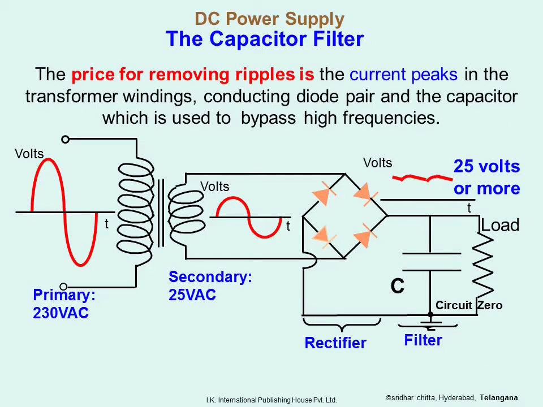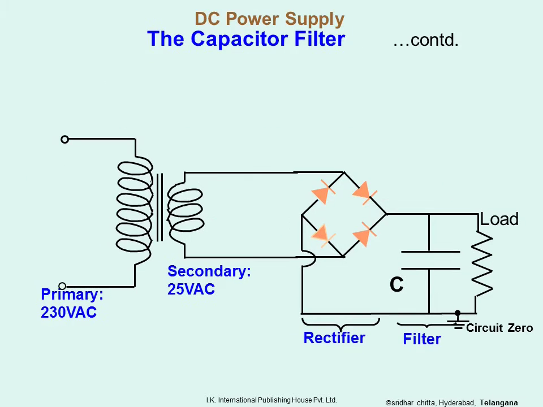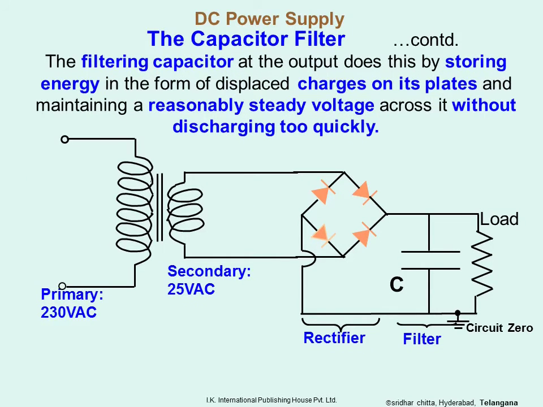The price for removing ripples is the current peaks in the transformer windings, conducting diode pair, and the capacitor, which is used to bypass high frequencies. The filtering capacitor does this by storing energy in the form of displaced charges on its plates and maintaining a reasonably steady voltage across it without discharging too quickly.